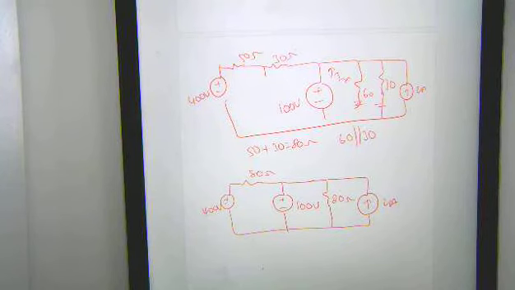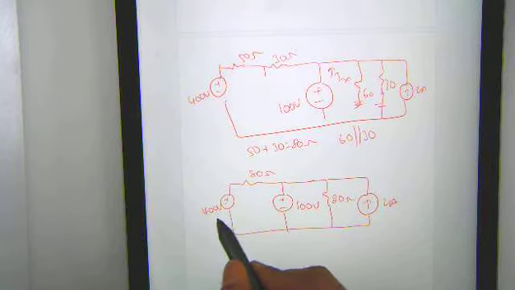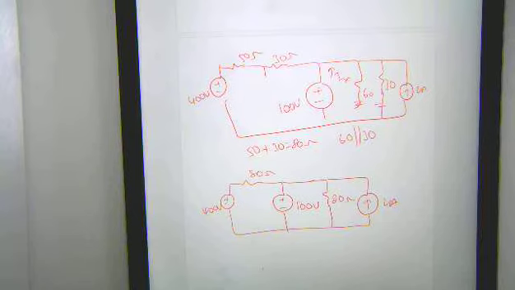So to make it a single loop, I'm going to transfer that 400 volts in series with 80 ohms into a current source in parallel with that 80 ohms. So 400 divided by 80, that's 5 amperes. 80 ohms.